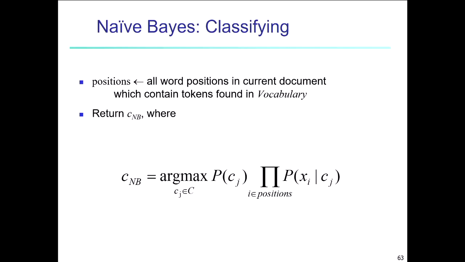And you simply, for each position, so say for each word, compute the probability of xi given Cj. And you multiply them together. You multiply the probability of Cj. You've got this part, and you find the Cj which gives you the maximum value of this one.